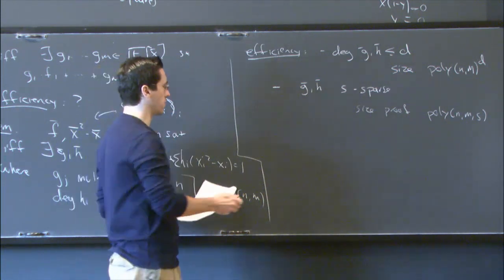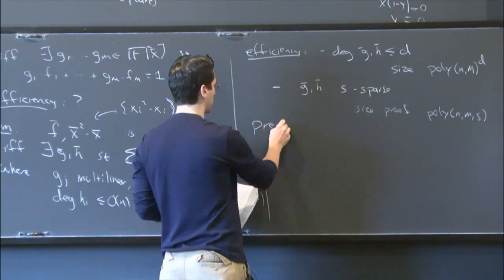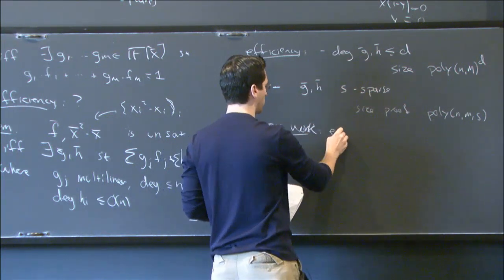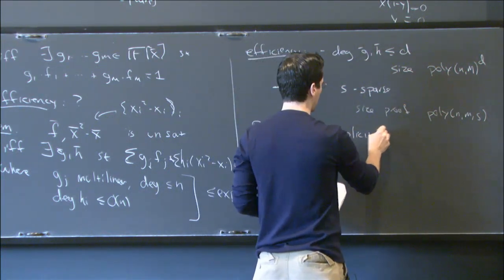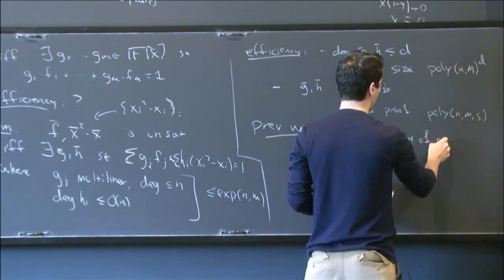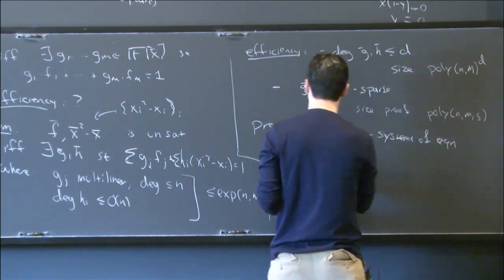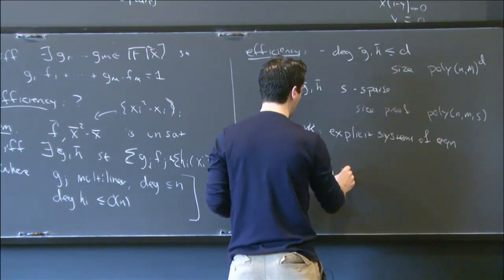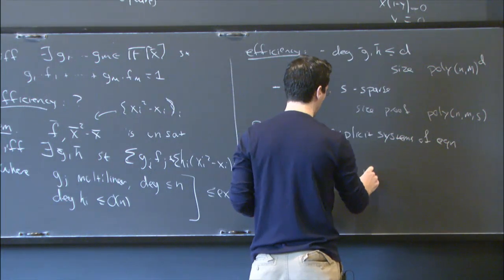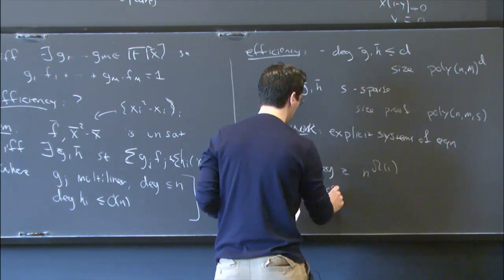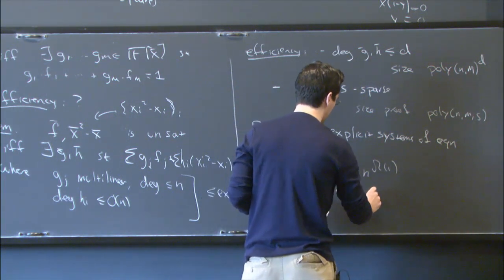And indeed, previous work has shown explicit systems of equations where the degree must be n to the omega 1, and the sparsity is at least some exponential factor.